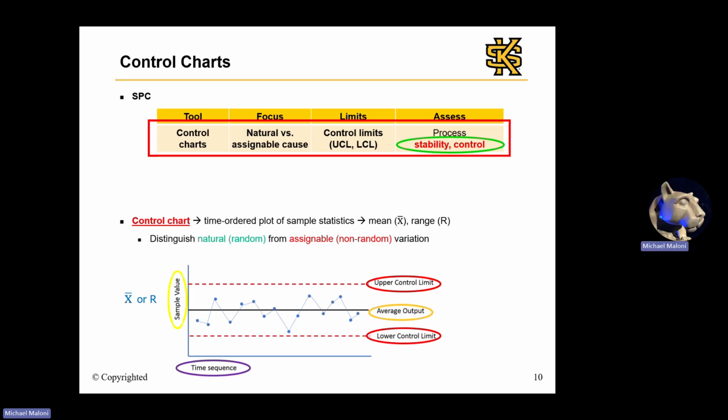So ideally, we just want to see natural, meaning random variation with no signs of assignable variation. In that case, our process is stable. It's in control. Some practitioners refer to this as the voice of the process. The process is telling us if it's stable, which is good, or it's not stable, which is not good.